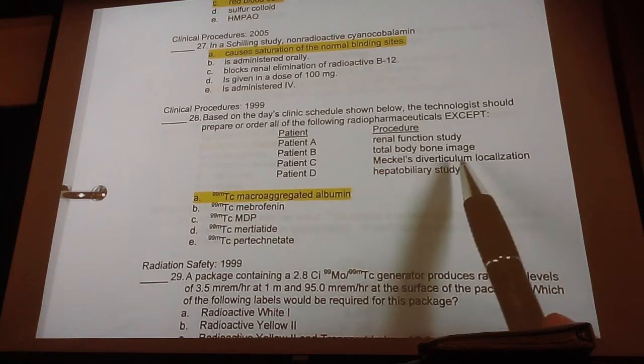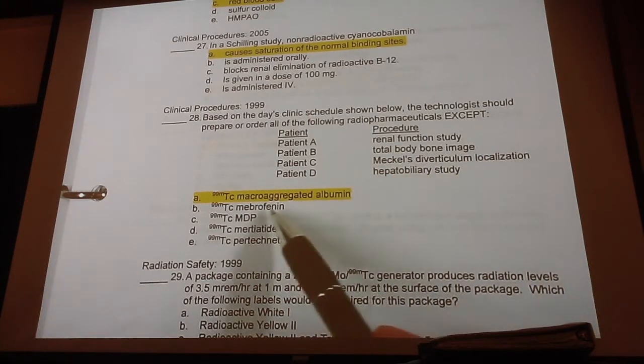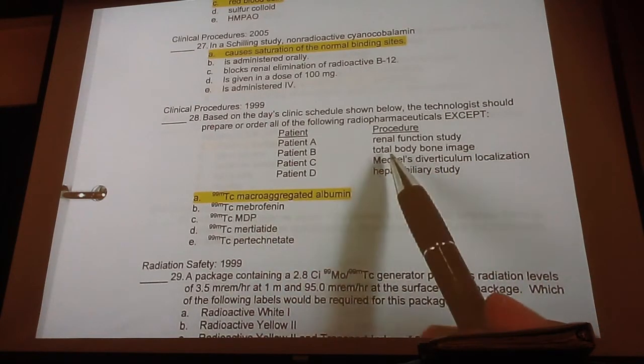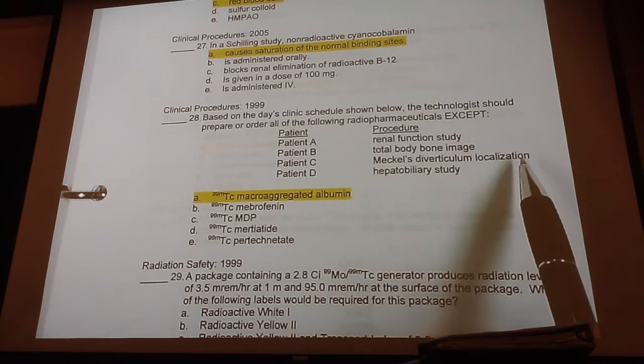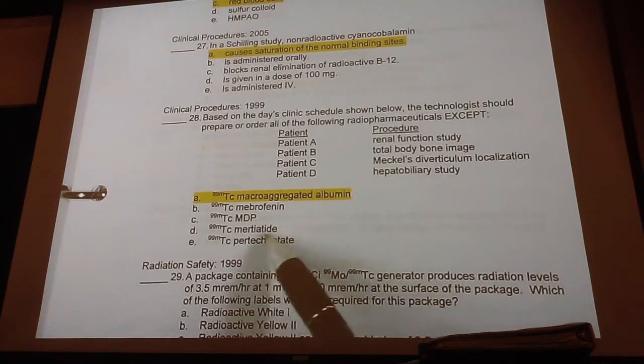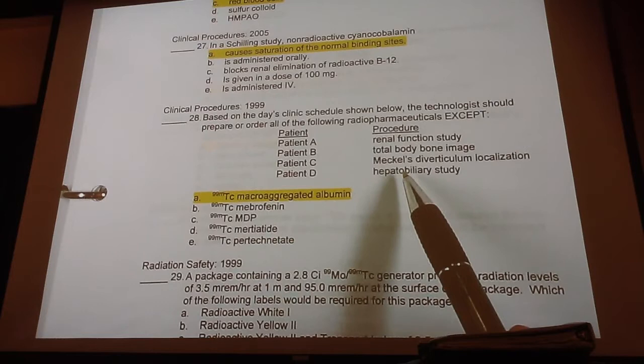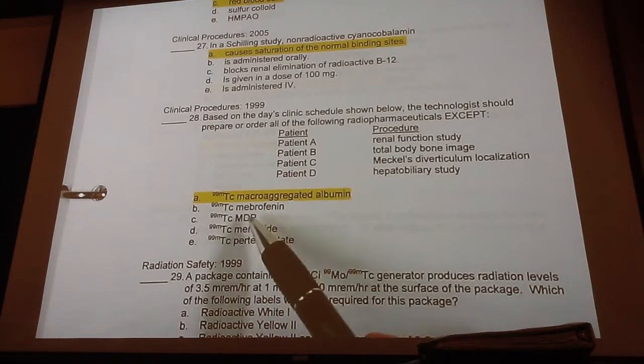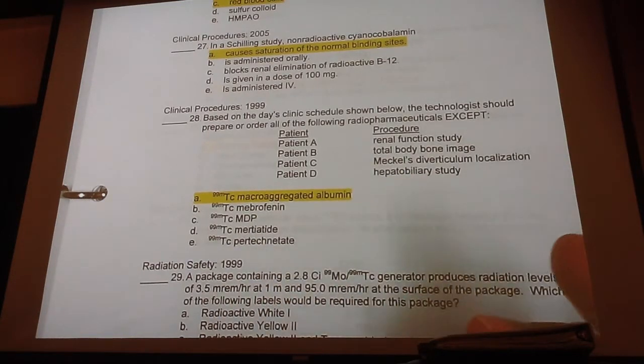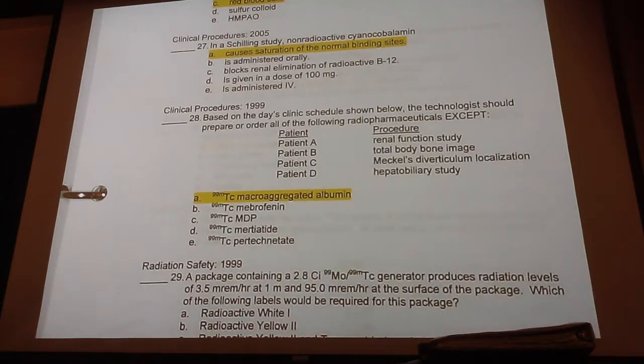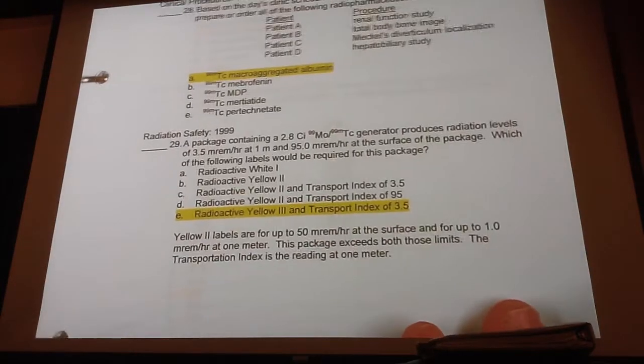What about total body? MDP, HDP. Meckel's diverticulum, pertechnetate. And then the hepatobiliary, mebrofenin. Okay, so you see how that works? Be prepared for that type of question.